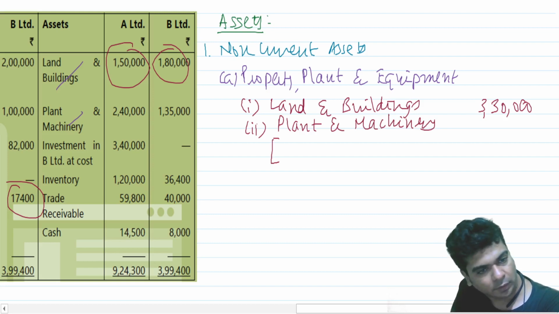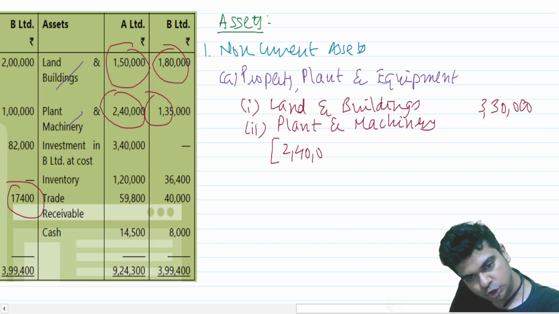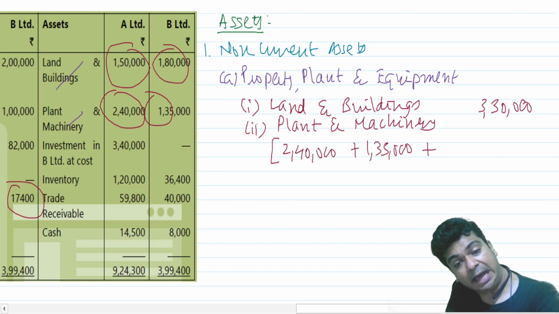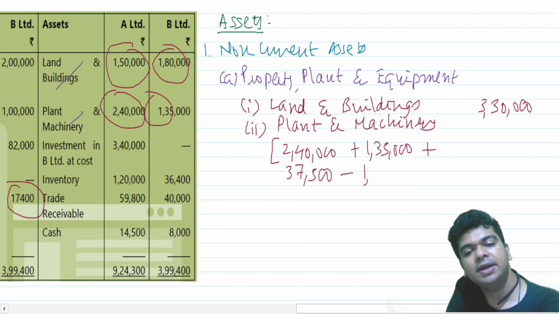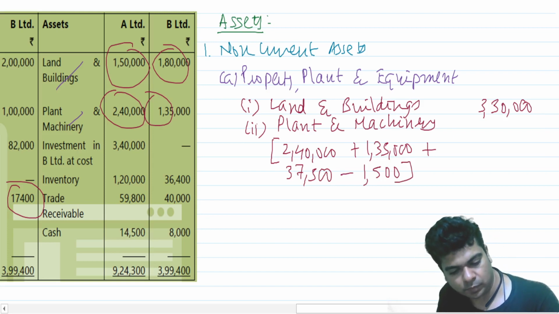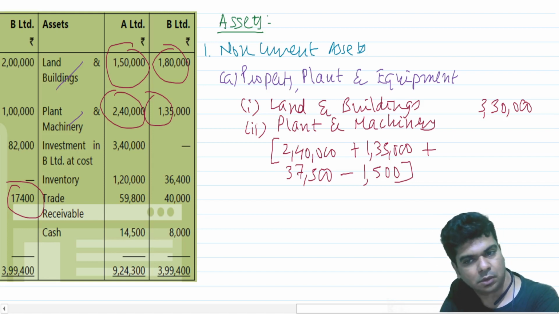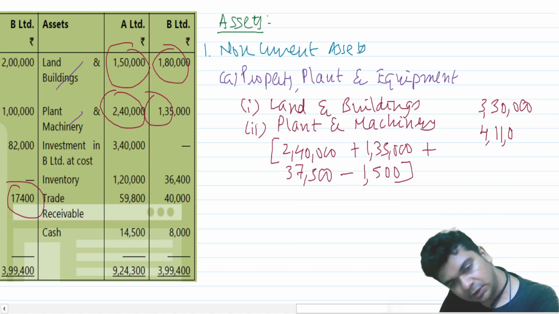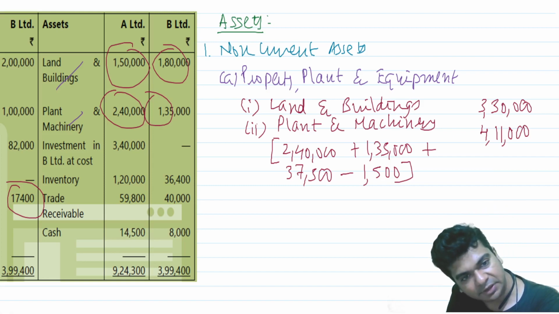First do line by line addition: 2,40,000 plus 1,35,000. But we have done upward revaluation of 37,500 and we have provided additional depreciation of 1,500. So 4,11,000.